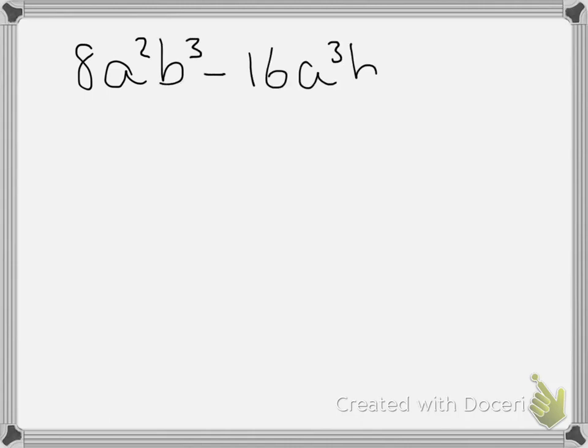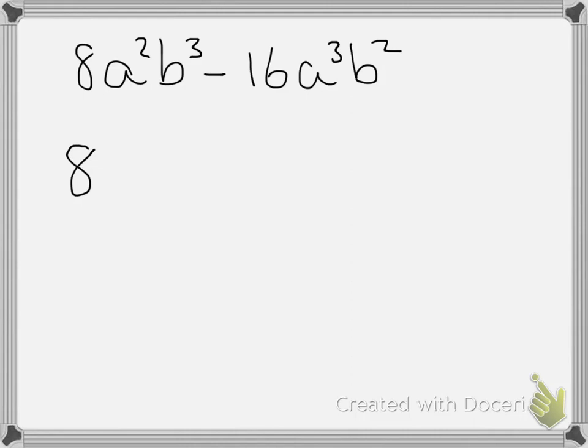And the last one in this section, 8a squared b cubed minus 16a cubed b squared. So if you have a problem with dyslexia, this problem can be confusing. They're too much alike, but I pull an 8 out.